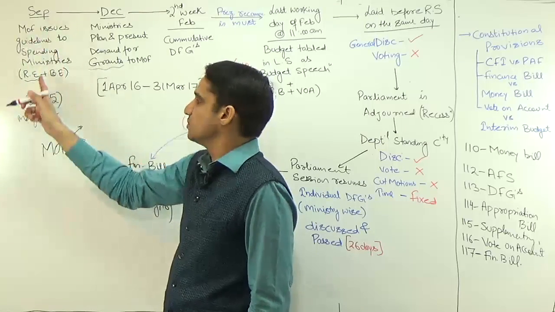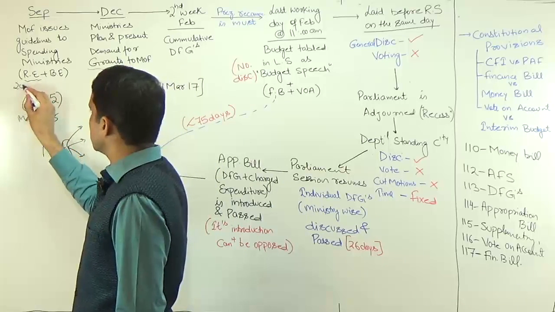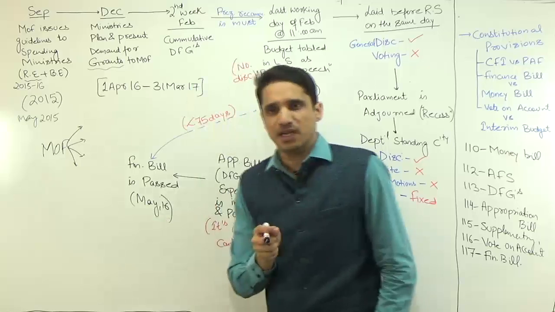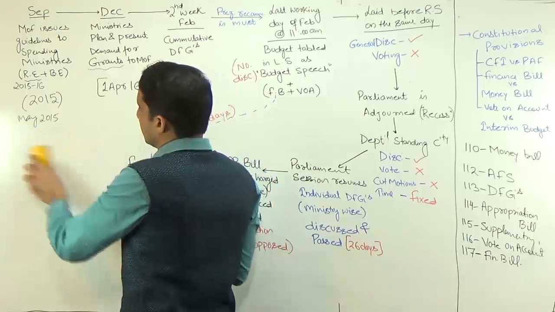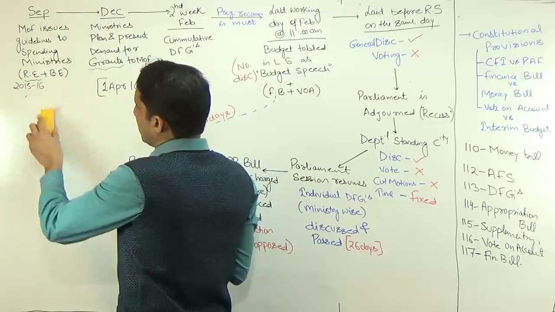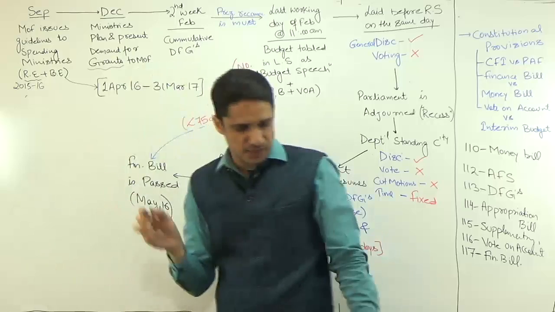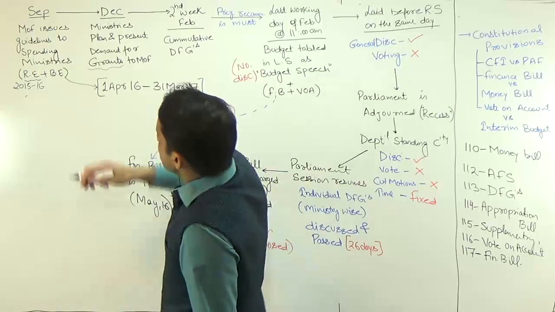So now the Finance Ministry will ask for the revised estimate of 2015-16. First this information will be asked from the spending ministries, and along with it they will ask for the budget estimate of the financial year 2016-17. So the advance planning is going to take place.